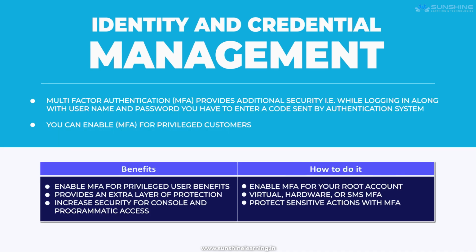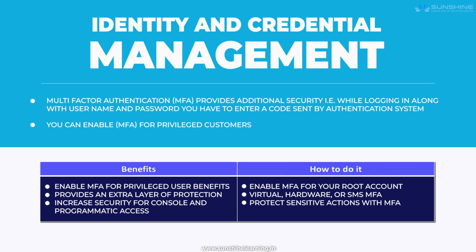Apart from that, if you want to add further security to your user credentials, there is an option called two-factor authentication or multi-factor authentication, MFA. You can enable the MFA service on a particular user, and when the user tries to log in to your AWS account with the password, an MFA code will be required.